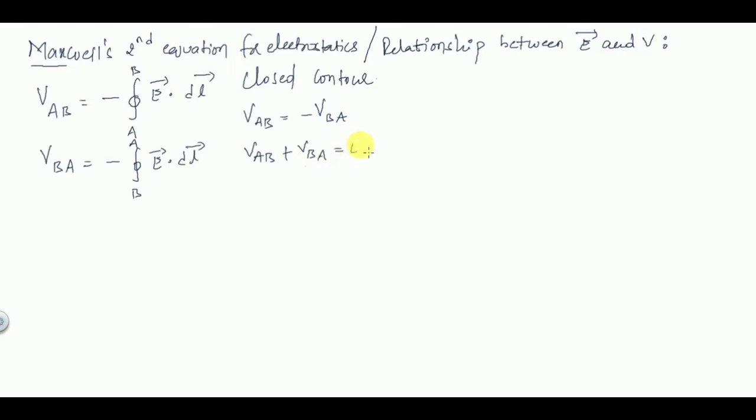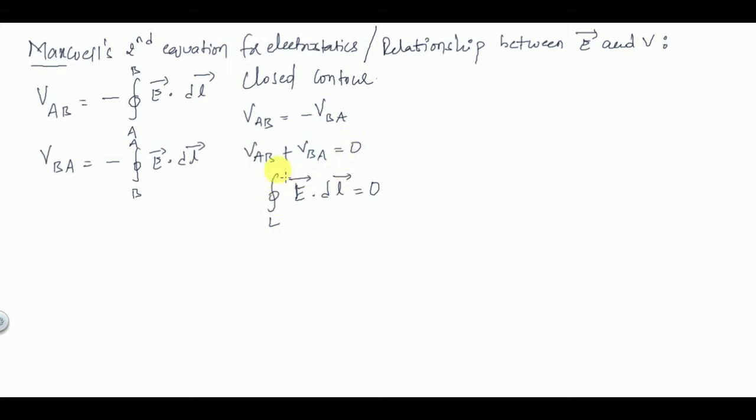VAB plus VBA is equal to 0. So when VAB plus VBA is equal to 0, what can we write? Integral over some differential length L, E bar dot DL bar is equal to 0. Let it be from B to A or anything. So closed integral E bar dot DL bar is equal to 0.